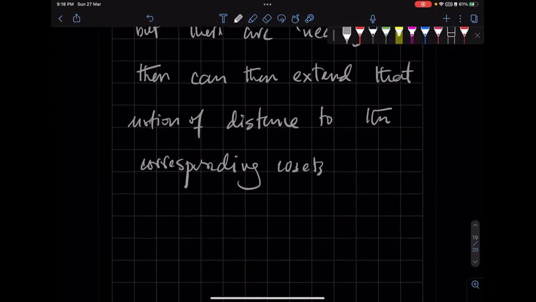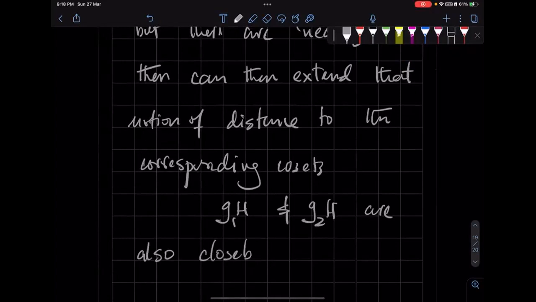Meaning that G1H and G2H are also close by.